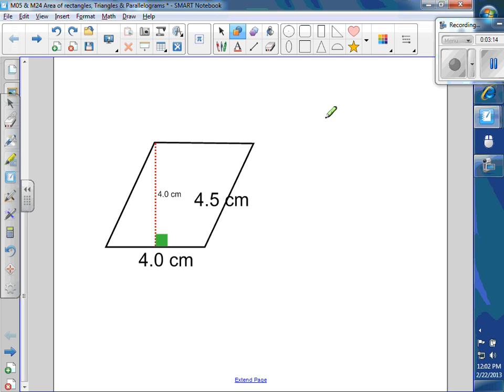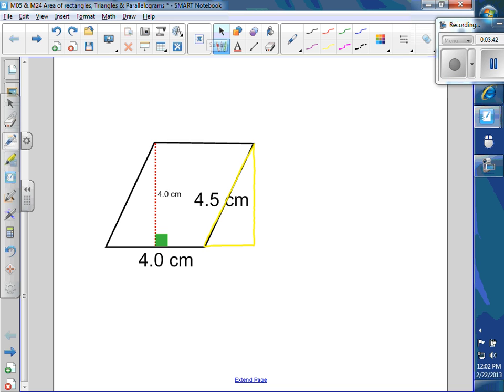So if you think about it, some people, when they first learn area of a parallelogram, they talk about changing the parallelogram a little bit and taking, say, this triangle area and chopping it off that side and sliding it in this side.